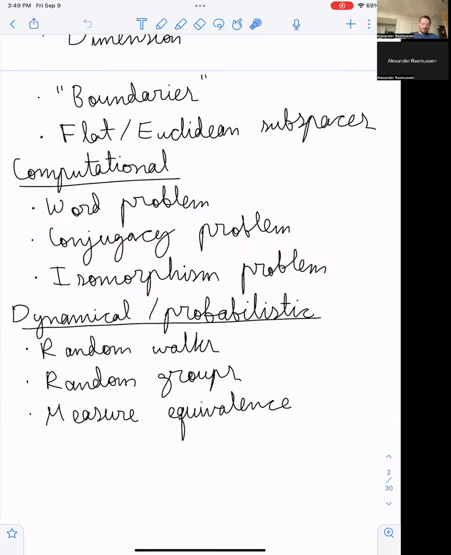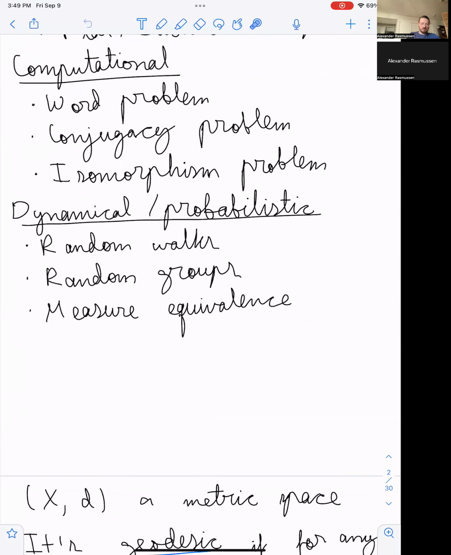And finally, you might take a dynamical or probabilistic perspective. So on the probability side, maybe you want to understand random walks. So if you start at a point in your group and move in random directions, one step at a time, what does your trajectory look like on average? You can try to understand random groups.